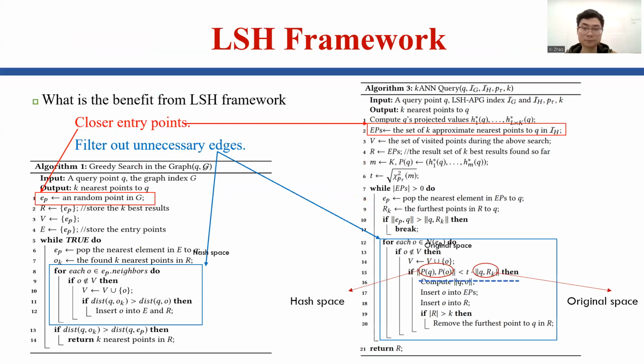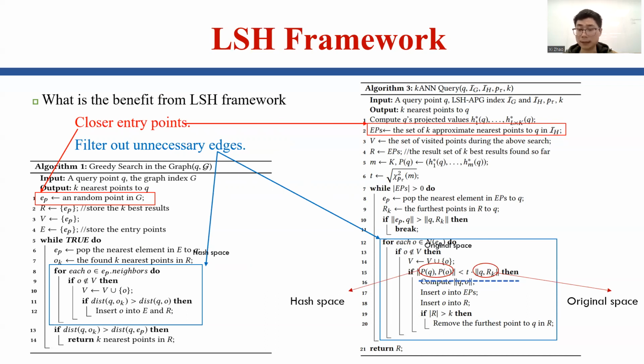To find the benefit of the LSH framework, let us see the query algorithm of other graph-based methods and our method LSH-APG that has an LSH framework. In previous methods, the entry point is chosen randomly. However, LSH-APG can adopt the nearest neighbor found in the LSH index as the entry point, which allows the search in the graph to begin from a closer point and terminate faster.